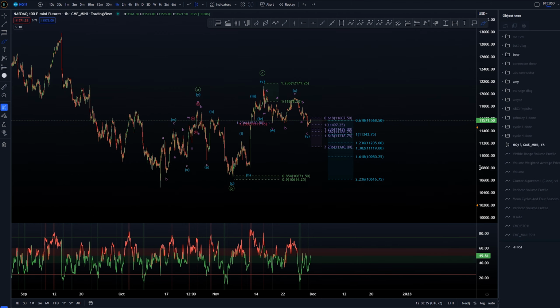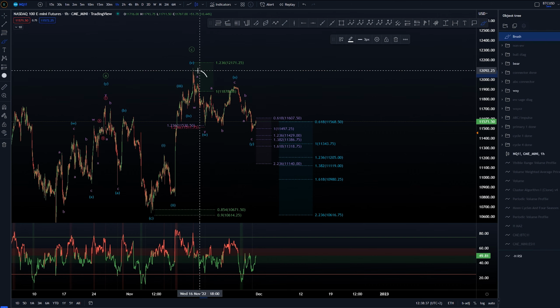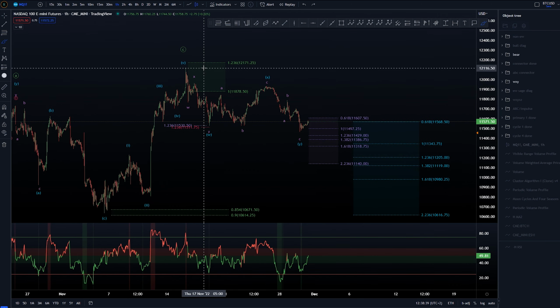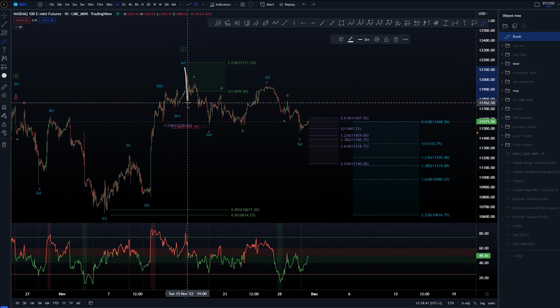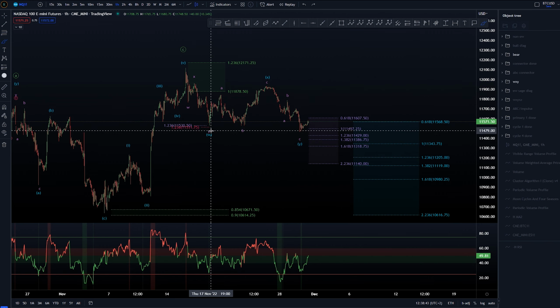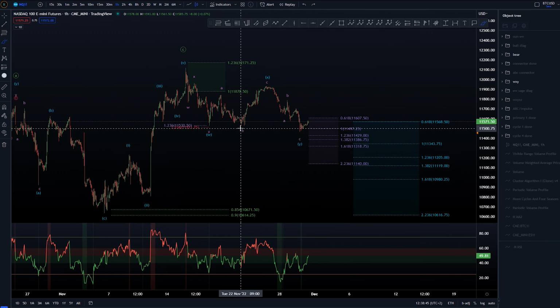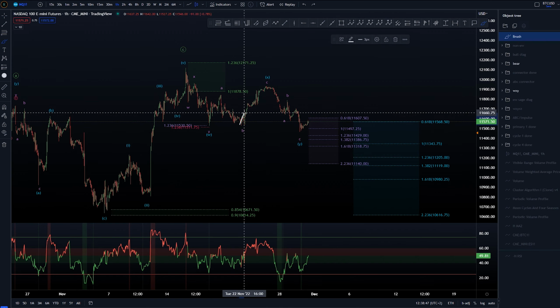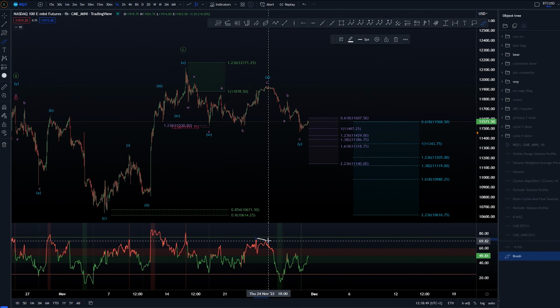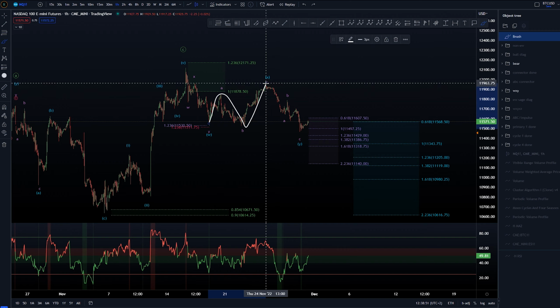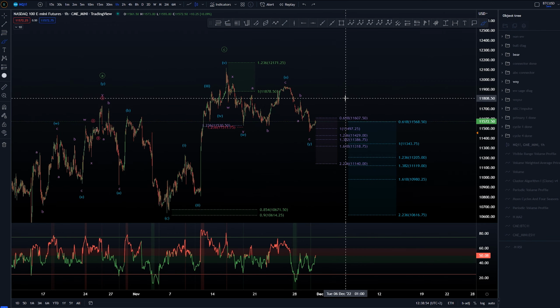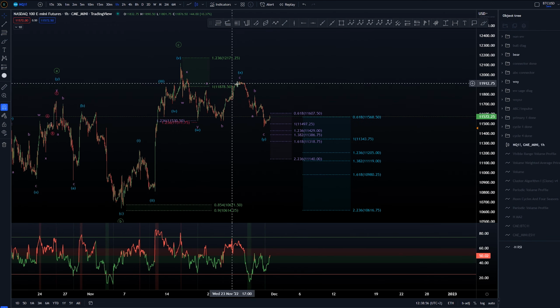However, this structure in here is not really impulsive looking. To me, this looks better as a three wave, and then three wave here, three ways up, three ways down, and then possible five ways here. We did have that divergence at the very highs for that C wave, so this does create a good looking flat or expanded flat structure.